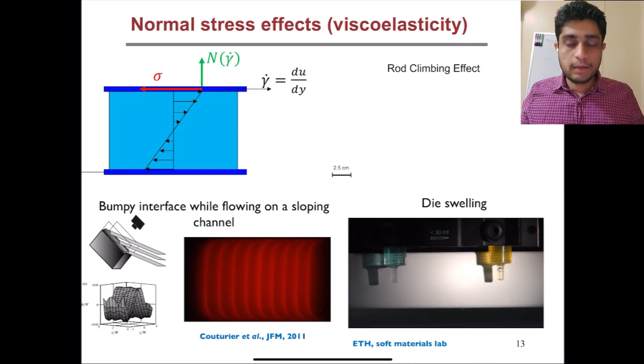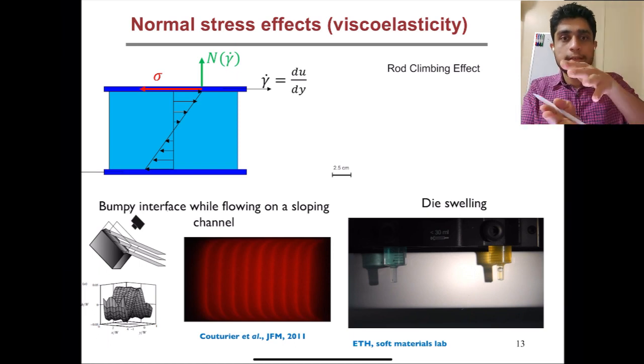Yeah, so we discussed the most important rheological property, the viscosity, and its dependence on shear rate. But another interesting phenomenon in non-Newtonian fluids is the presence of normal stress. So imagine you're shearing a Newtonian fluid.